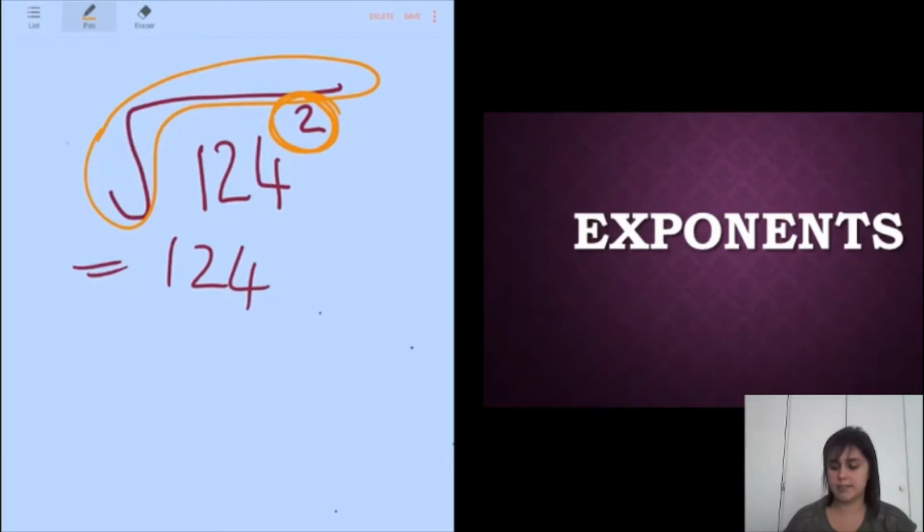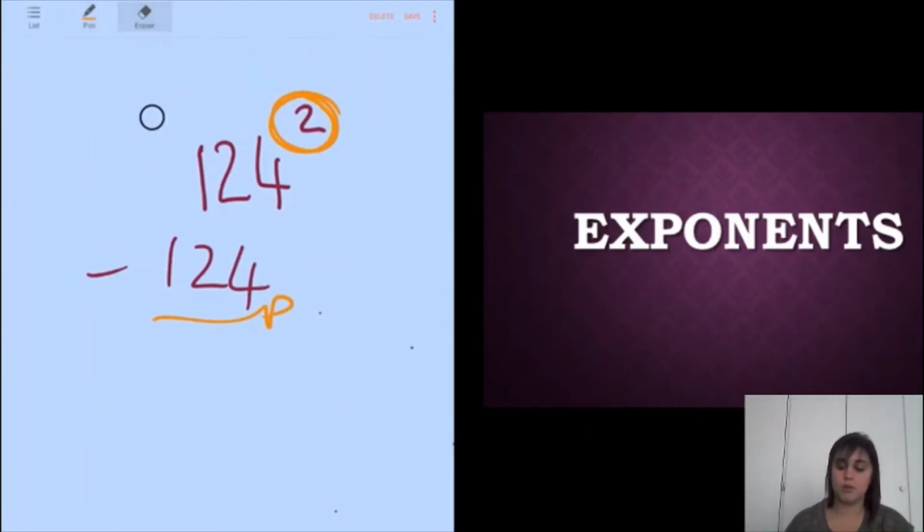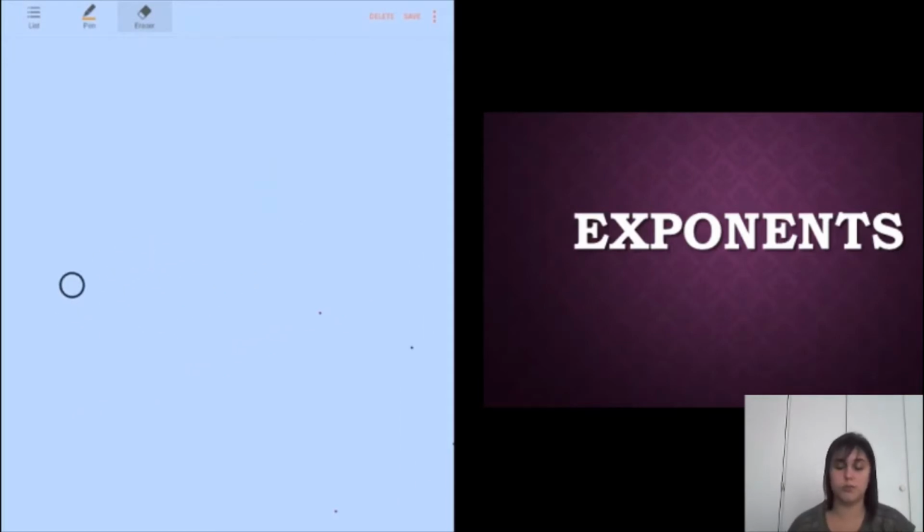So they cancel each other out and you are left with 124. I'm going to prove that to you using an example we've already done. We already said that 5 squared is equal to 25.